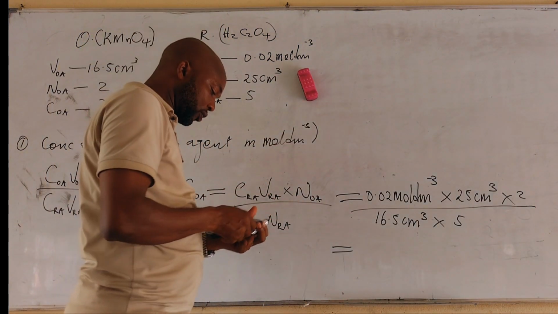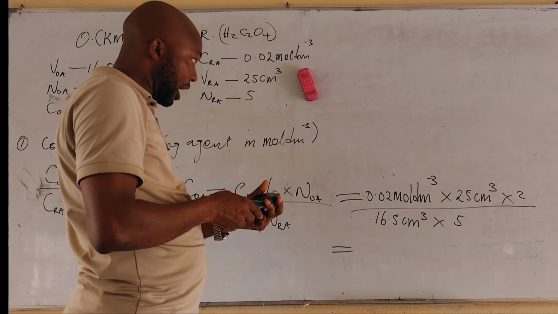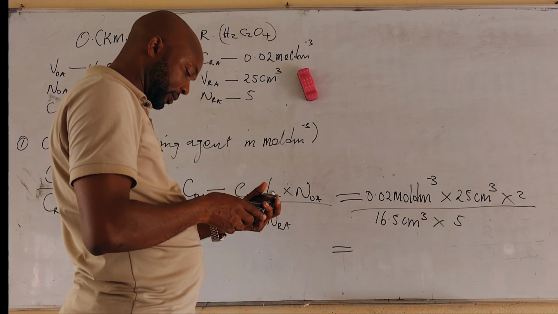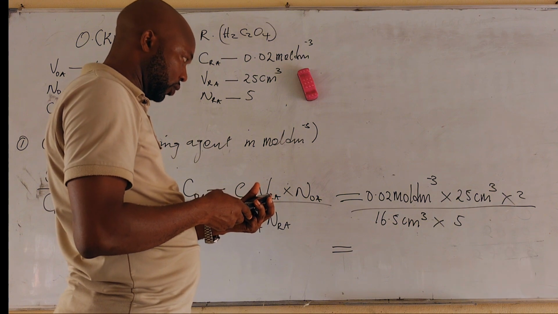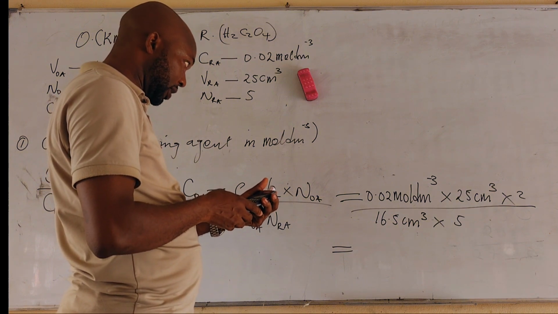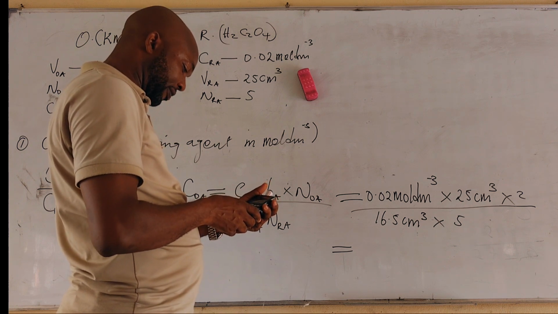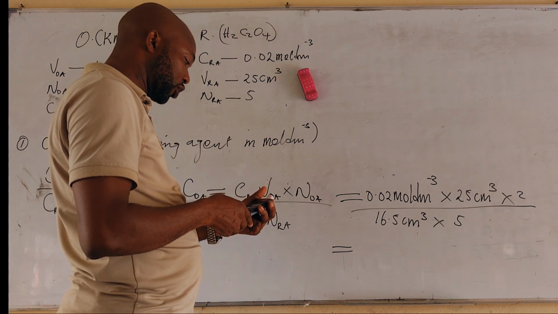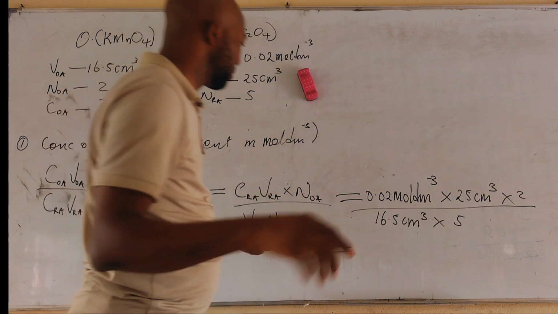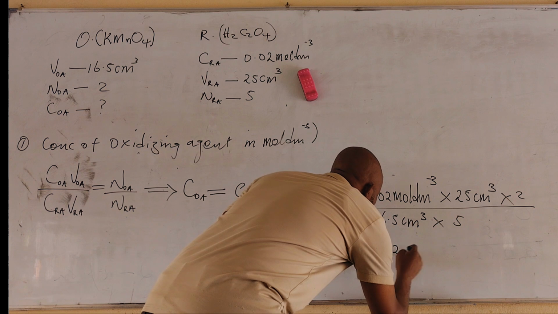So this is equals to, now we check it out, 0.02 times 50, divided by 16.5 divided by 5, which is 0.0121.